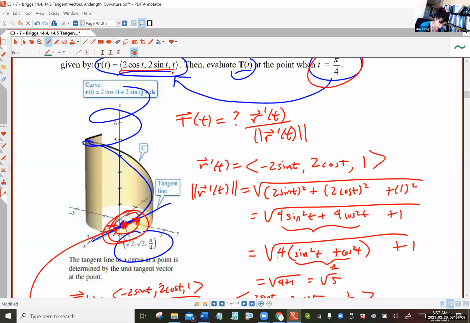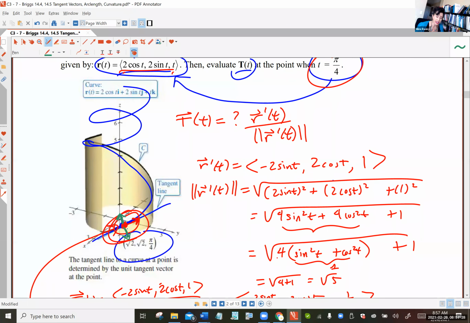Here's your big T. You could go, well, if I point that way, it's orthogonal, or if I point that way, it's orthogonal. But what if I am pointing coming out of the page? Coming out of the page would also be orthogonal to that little red vector.